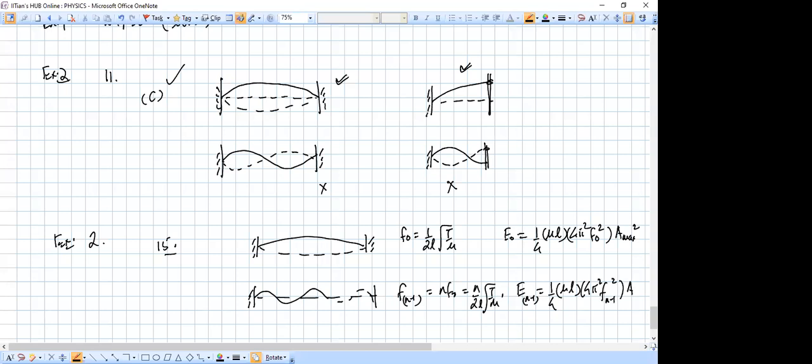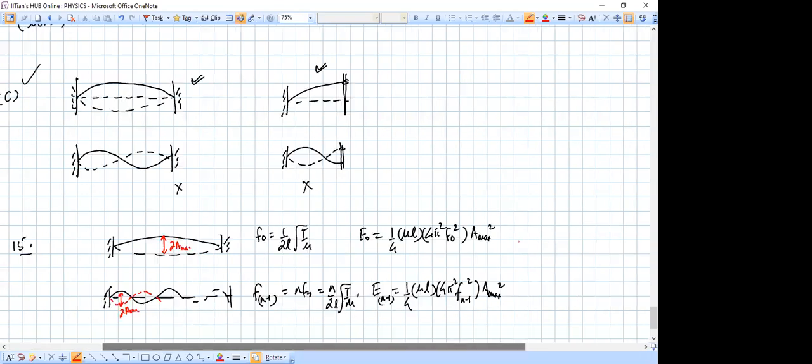Now again in this question there's an assumption that the amplitude of the antinode here is the same as the amplitude of the antinode over here. In both cases the range of motion is the same, just the mode differs.